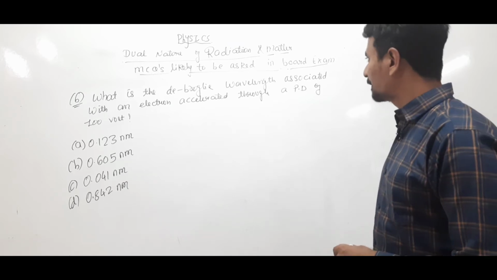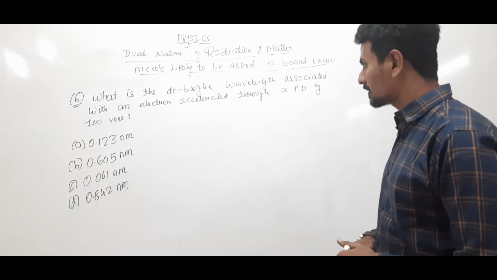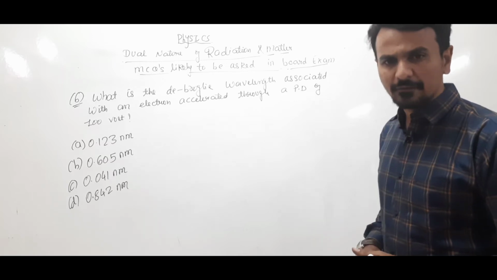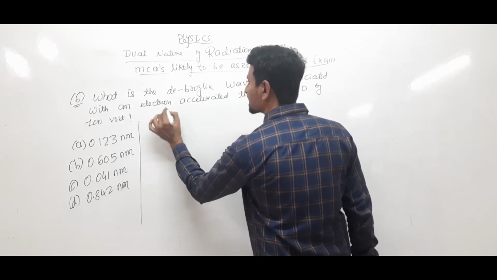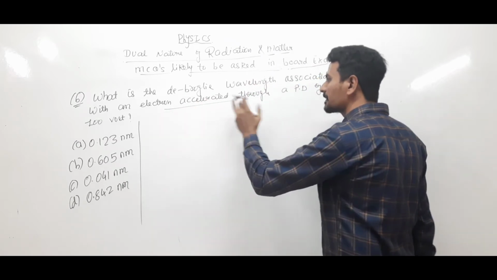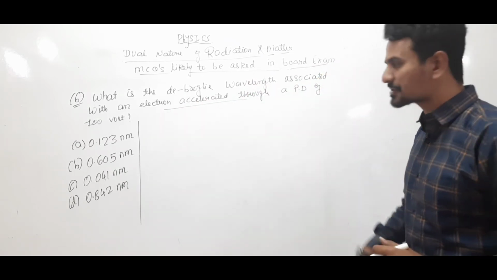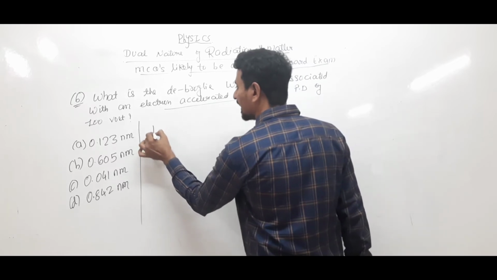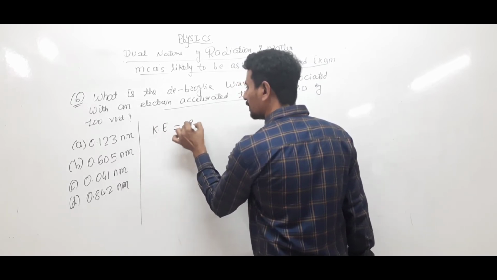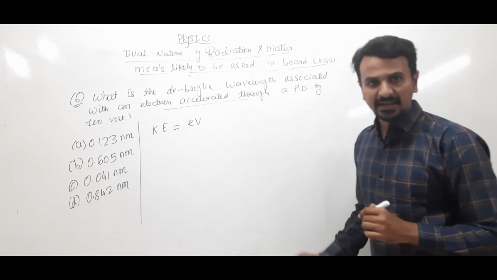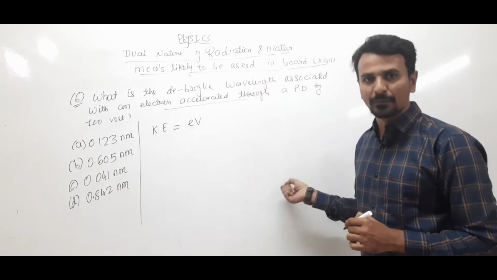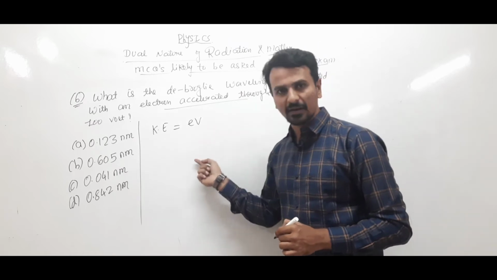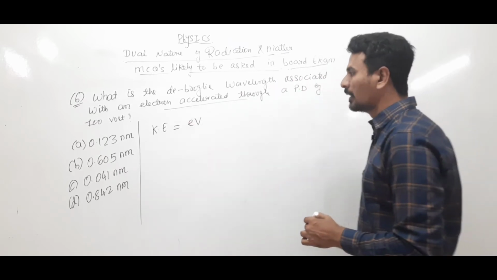What is the de Broglie wavelength associated with an electron accelerated through a potential difference of 100 volt? Whenever the question says that an electron or any charge is accelerated through a potential difference, that means the kinetic energy gained is equal to the potential energy, that is qV. Here the electron is being accelerated, so I will write it as eV.